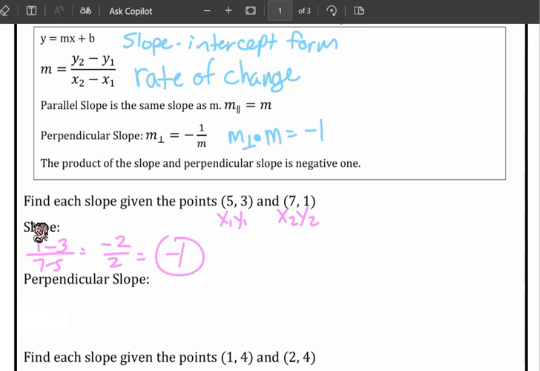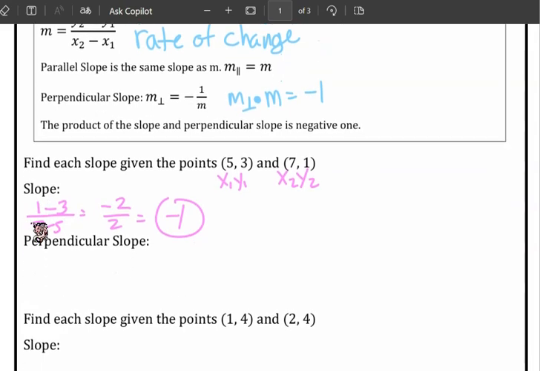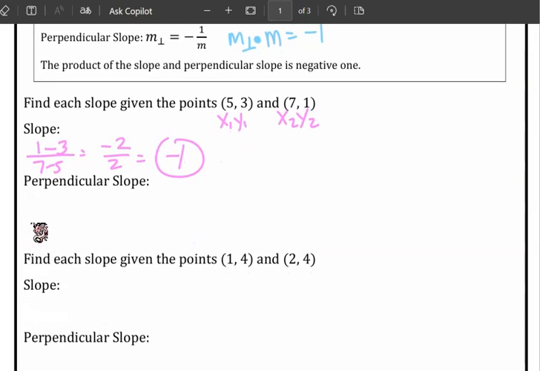That's the slope. The perpendicular slope, you flip the fraction and change the sign. Well, -1 over 1, if you flip it and change the sign, will be +1 over +1. It's just 1. So that's the perpendicular slope.